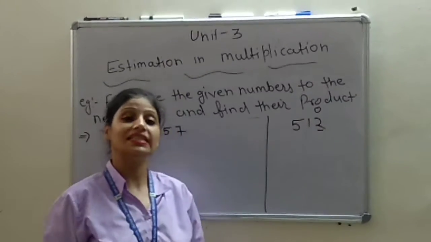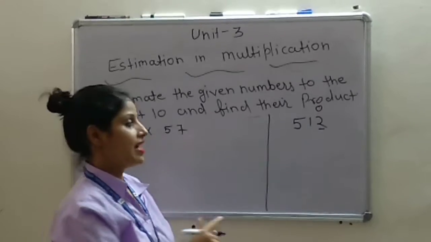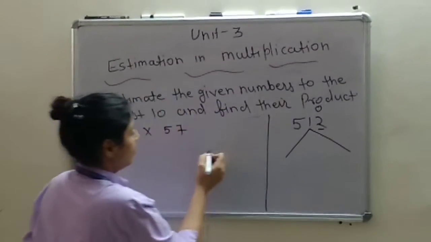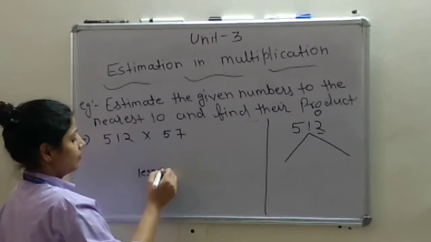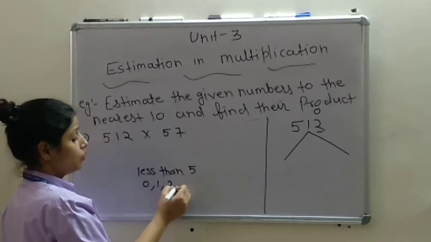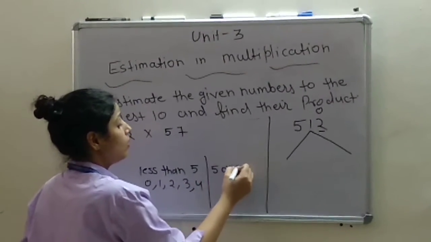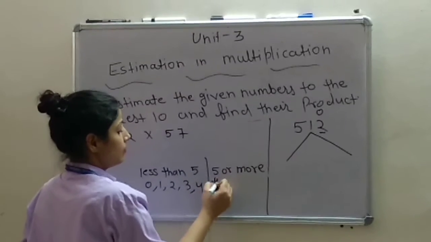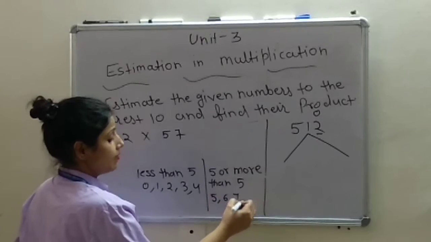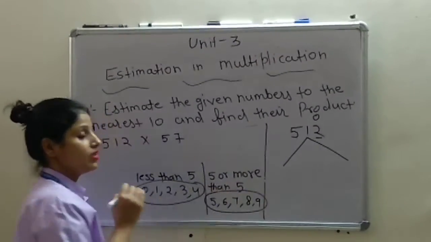Now the rule says if the digit at ones place is less than 5, what does it mean? 0, 1, 2, 3 and 4, right? And 5 or more than 5. What does it mean? 5, 6, 7, 8, 9. So less than 5 and these are 5 or more.